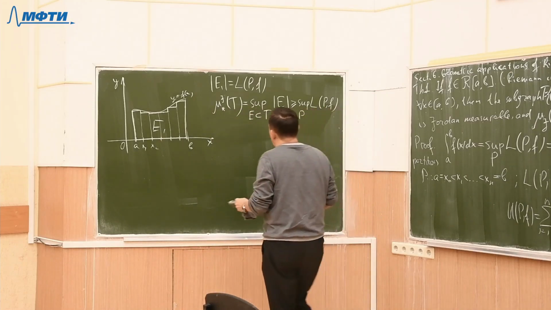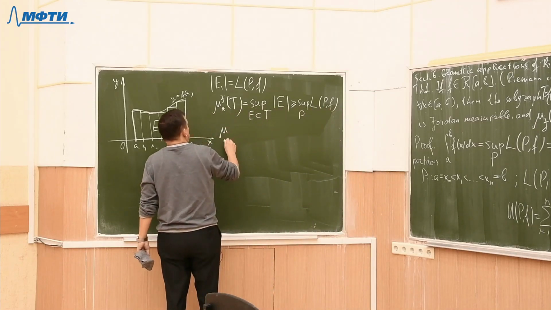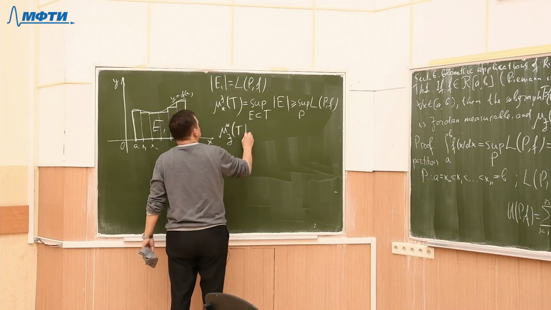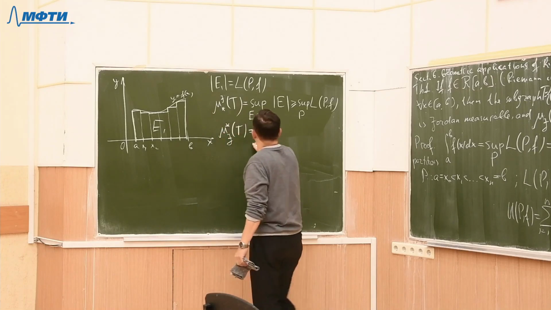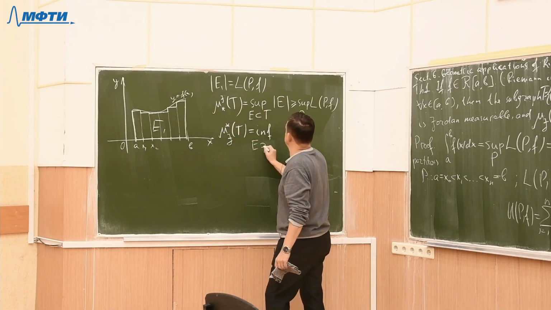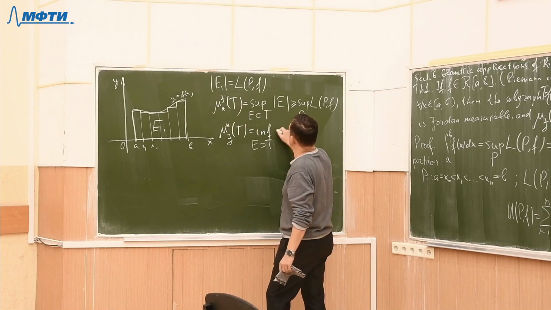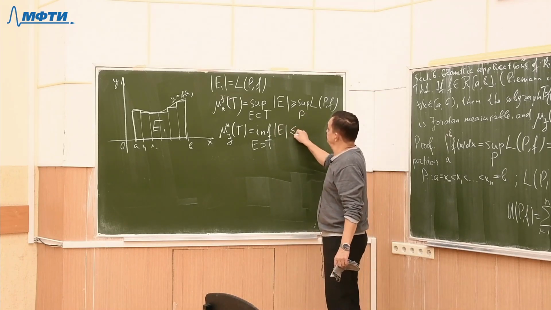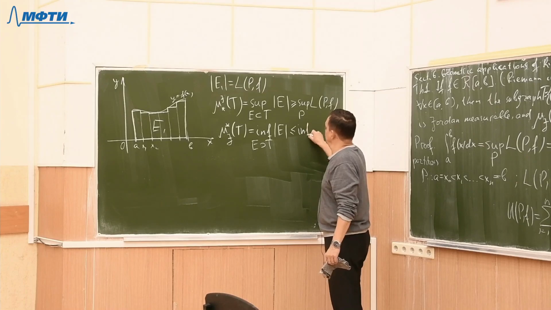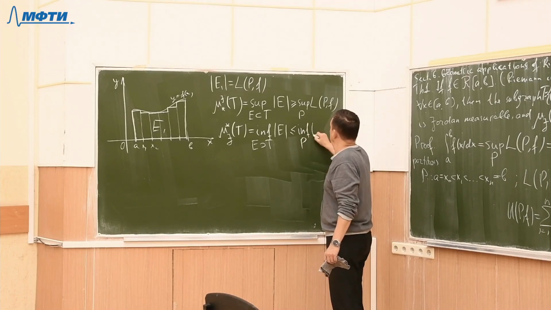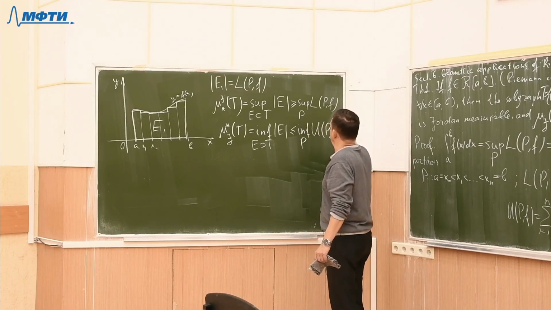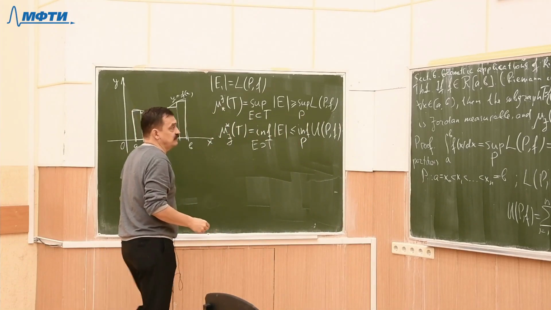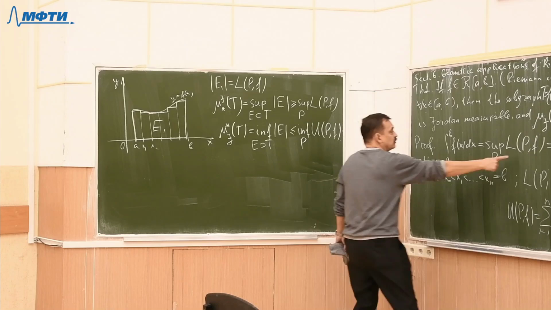Okay. Analogously, for the upper Darboux measure, that is the infimum over all elementary sets which contain T, and once again this infimum is less or equal than the infimum over all P of U(P, f). And you see, we know these are equal.